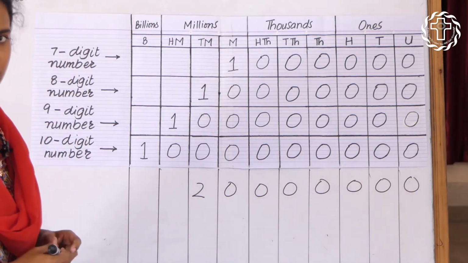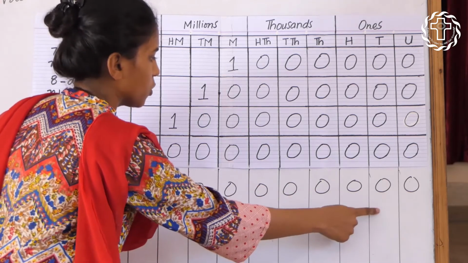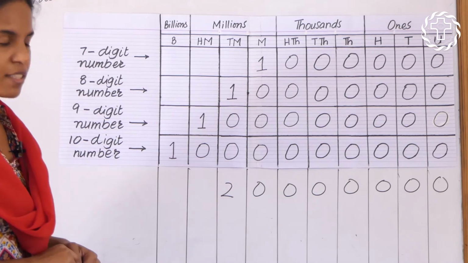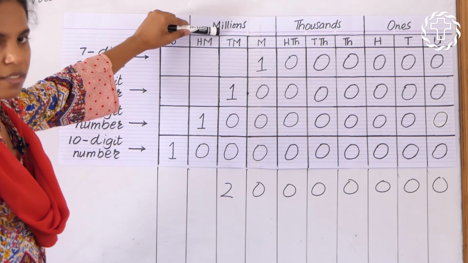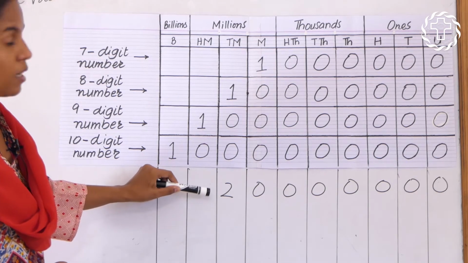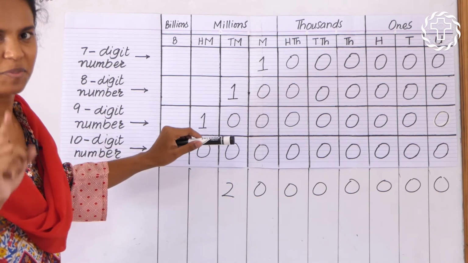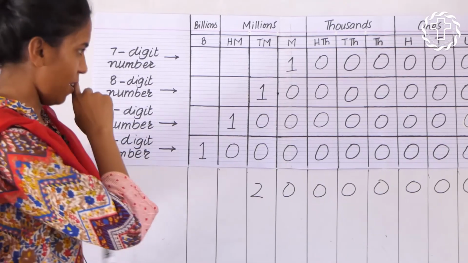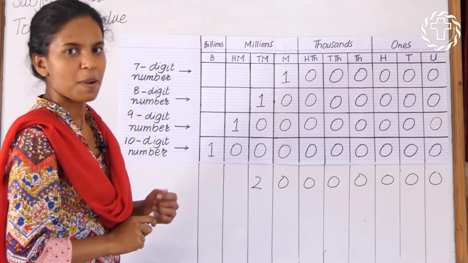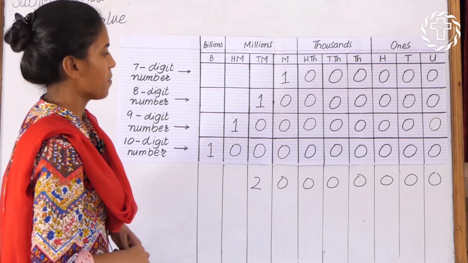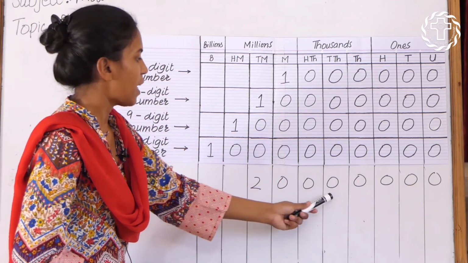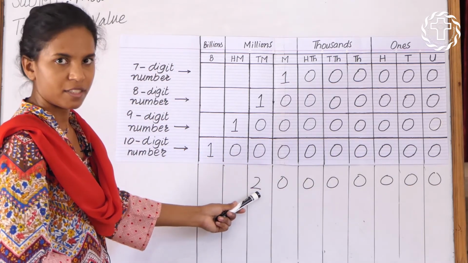How many digits does it have? 1, 2, 3, 4, 5, 6, 7, 8. It has 8 digits, so its value is 10 million. We can say it is 20 million. It has 1, 2, 3, 4, 5, 6, 7 and 8 digits.